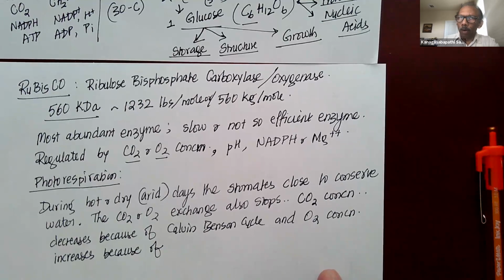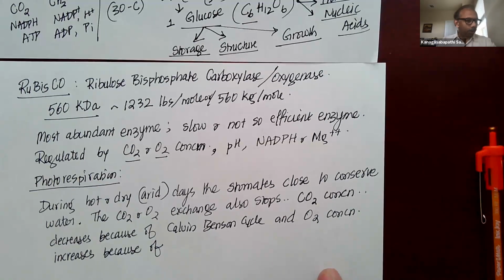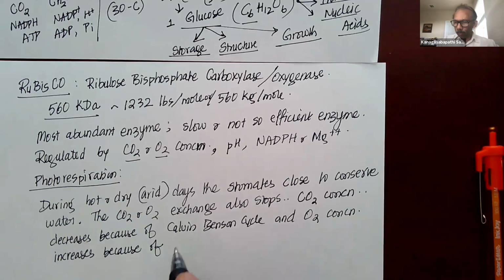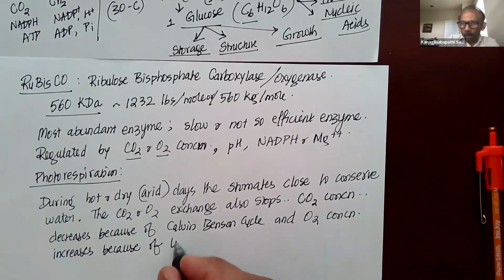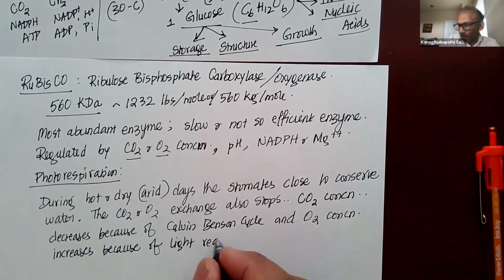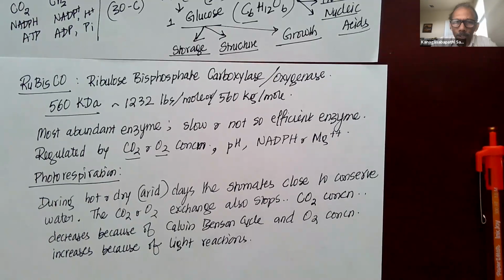Which process generates oxygen in photosynthesis? We saw that before. Light reaction is good. Excellent, Daniel. Because of light reactions, O2 concentration increases.